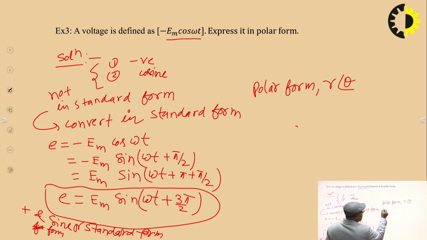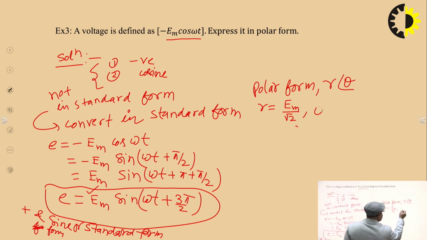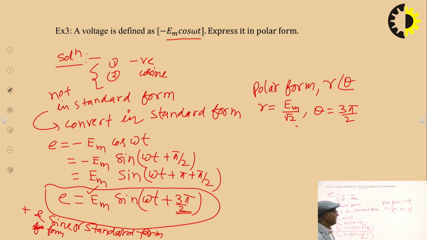R means RMS value, and how to calculate RMS value? We know RMS value is nothing but peak value divided by root 2. And what is theta here? By comparing, we can say theta is 3 pi by 2.